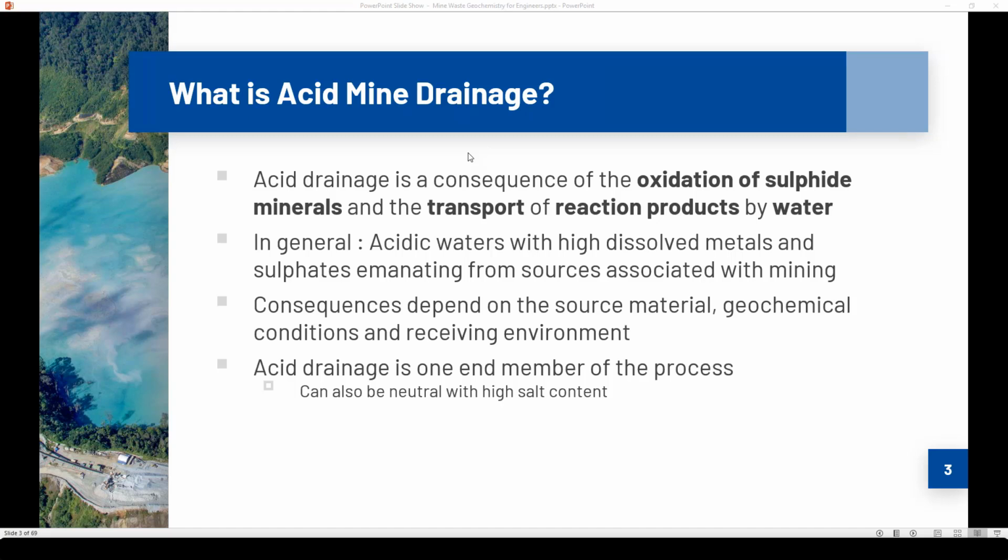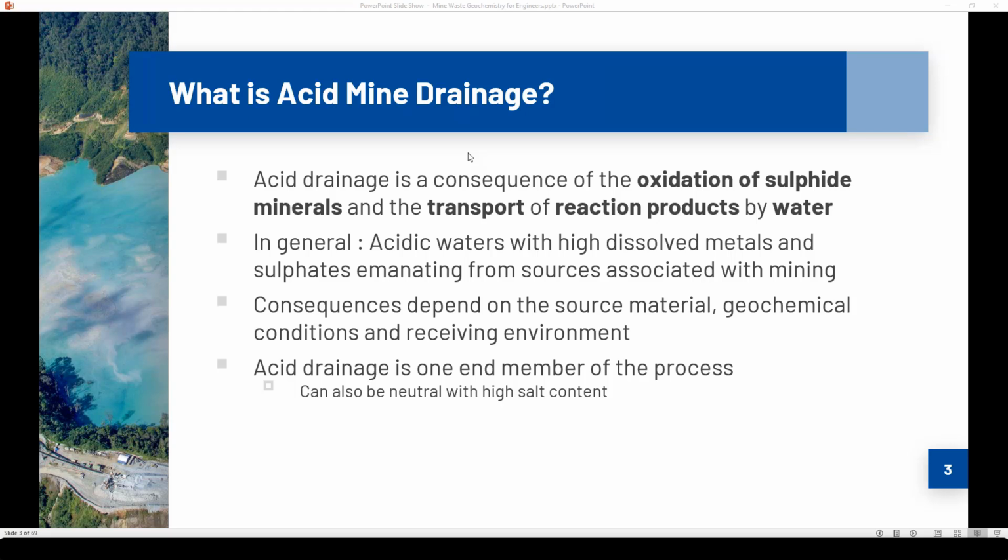As I've said in the third bullet, the consequences of AMD depend largely on the reactivity of the source material, the geochemical conditions under which that source exists, and on the receiving environment. In other words, how quickly those reaction products can get to a susceptible receptor and how reactive that material is.